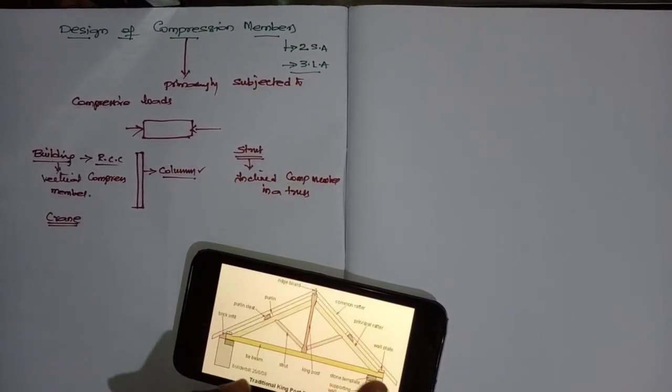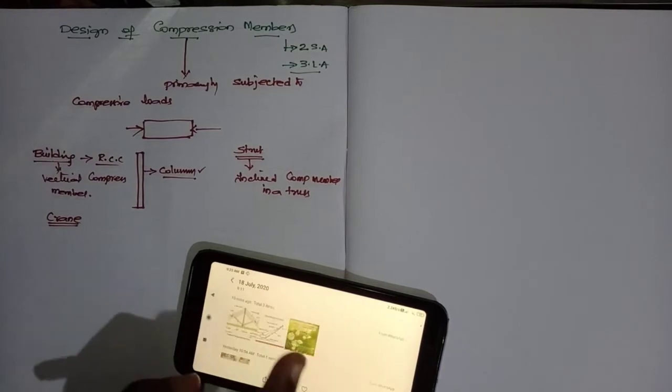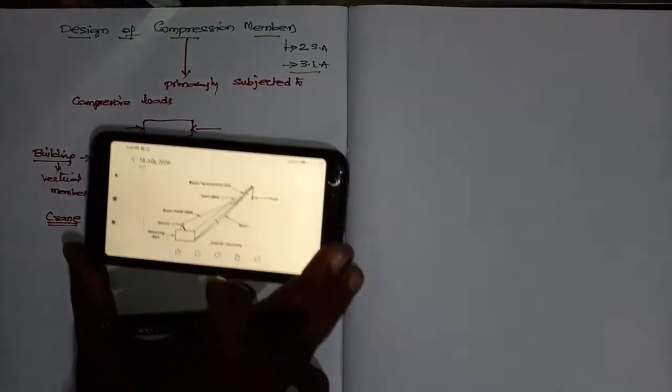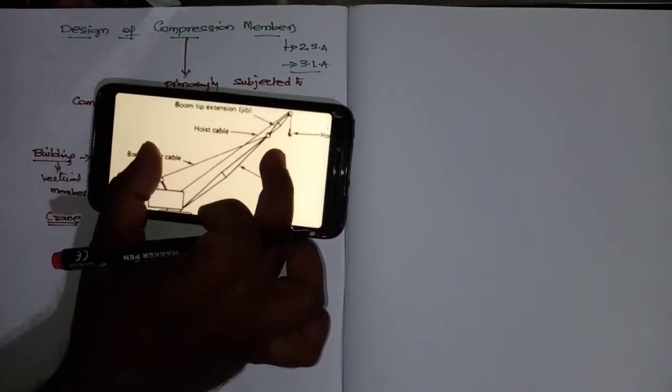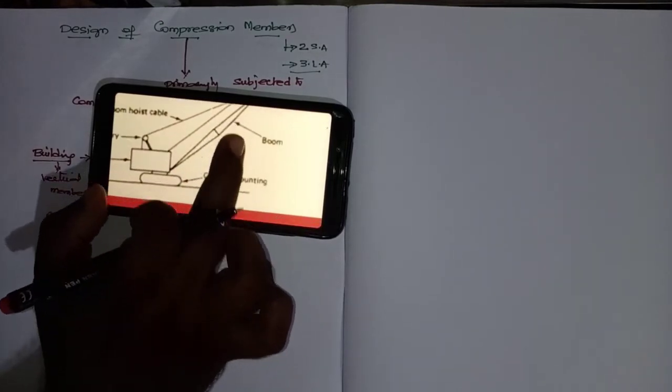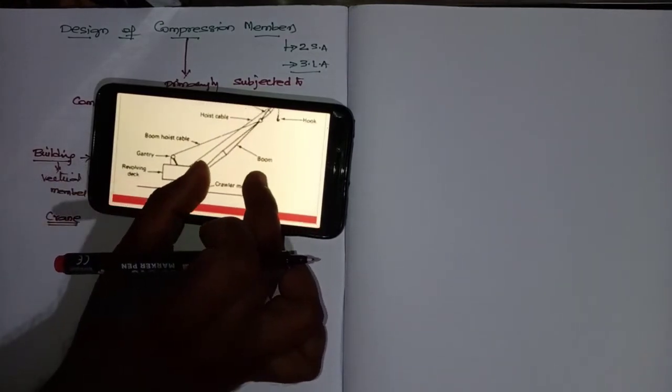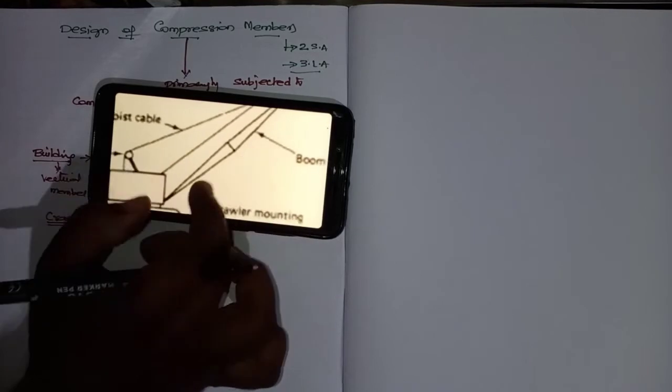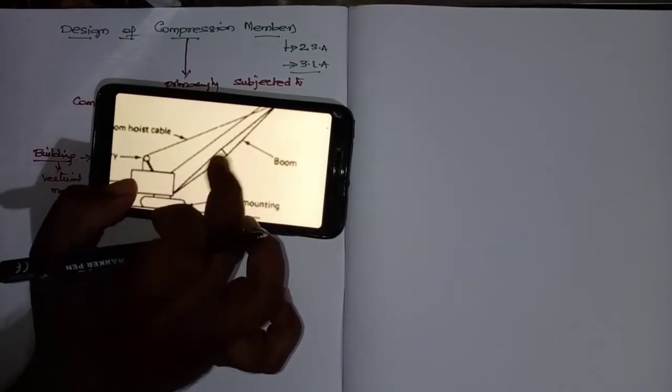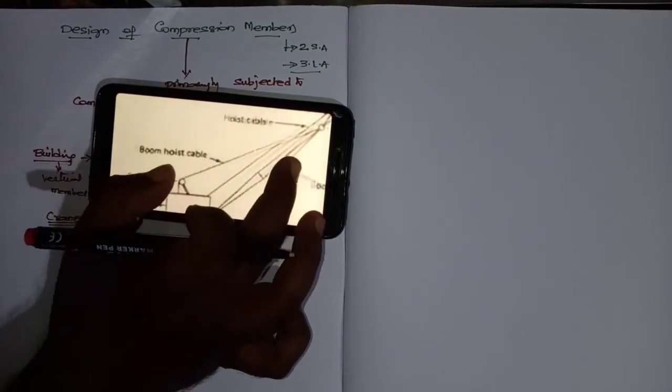One more example we see in our construction sites is the crane. Now this is the crane, where this portion is called the boom, which is a compression member.